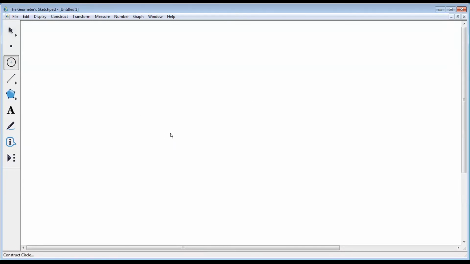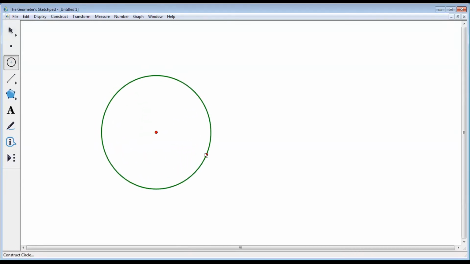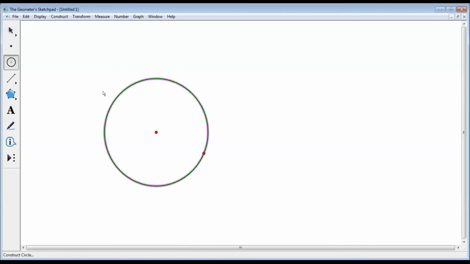So in your calculator, construct a circle, construct a central angle. So you're going to need another point on your circle. And I'm going to connect those with line segments, like so.